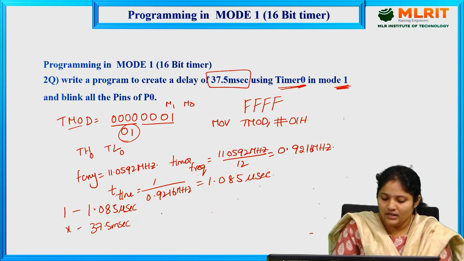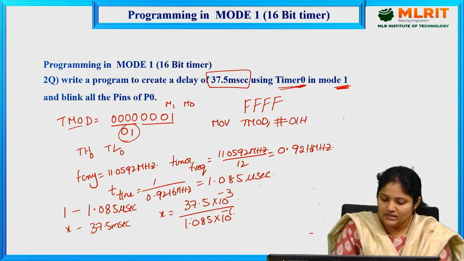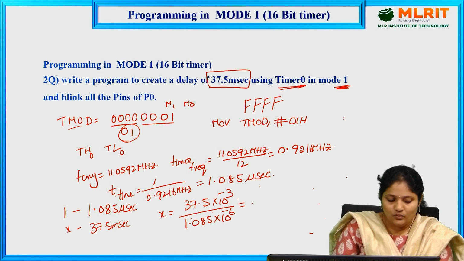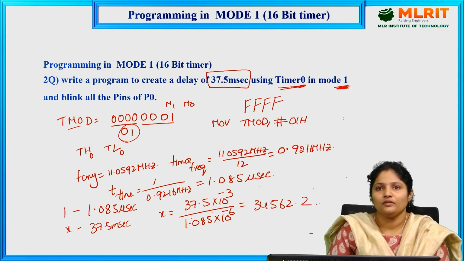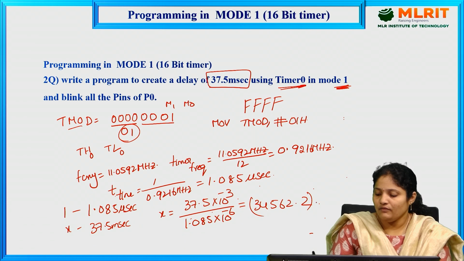How do we calculate it? What is the value of x? X is 37.5 into 10 to the power of minus 3, divided by 1.085 into 10 to the power of minus 6. What is the equivalent value? The equivalent value is 34562.2. Okay, but this is in decimal format.